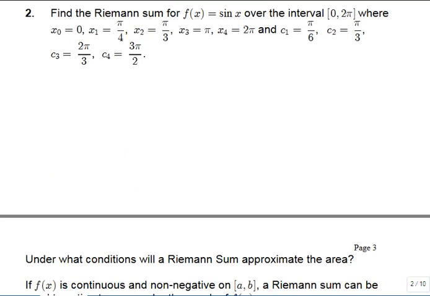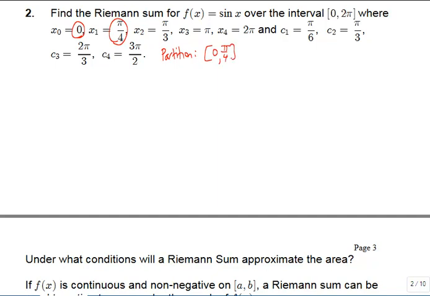We're going to find the Riemann sum for the function sine of x over the interval 0 to 2 pi, where the partition is x sub 0 equals 0, x sub 1 is pi over 4, x sub 2 is pi over 3, x sub 3 is pi, and x sub 4 is 2 pi. So that means our partition, to write it in a format that we're a little more used to, starts at 0 and goes up to pi over 4.